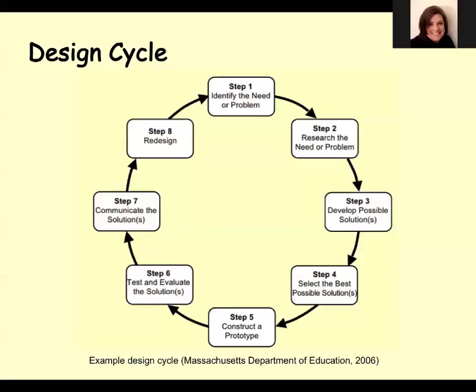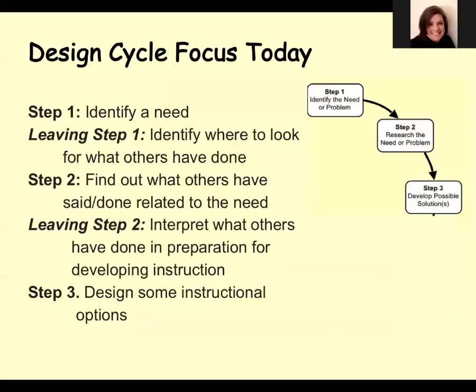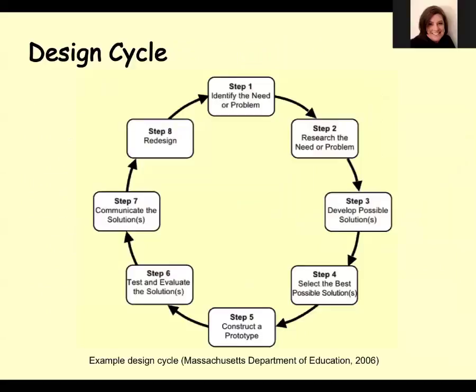The thing we're going to focus on today is the first 3 parts of the design cycle. So you see the whole cycle has this identifying a need, researching the need, proposing some possible solutions, and then doing some kind of implementation and testing and reflection on those solutions. So the steps 4, 5, 6, 7, and 8, that's about what we do in our classroom based on the first 3 steps.